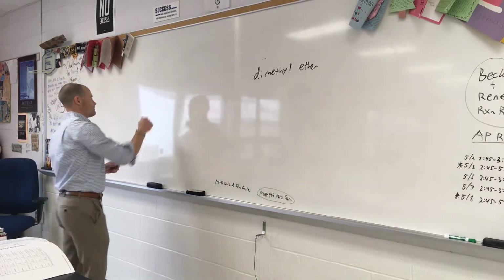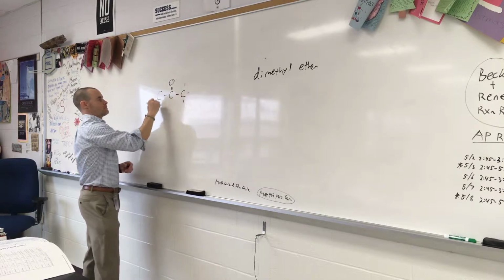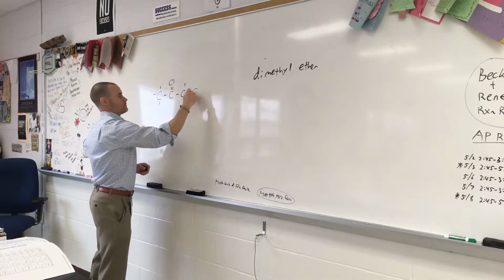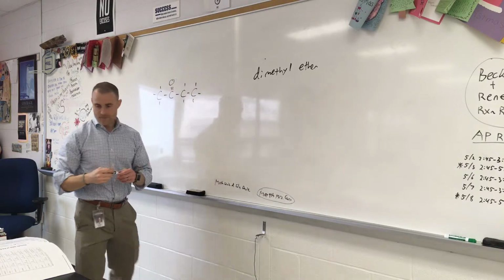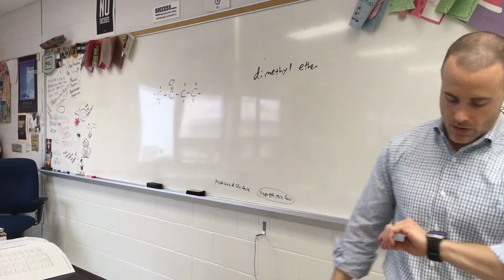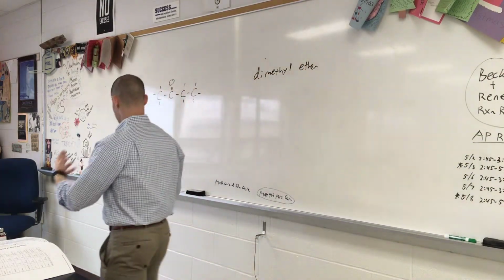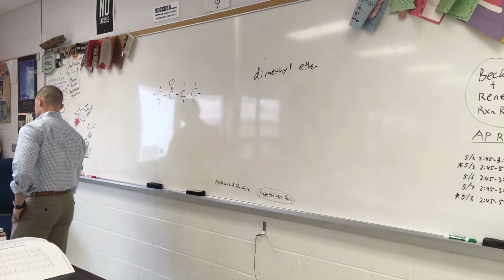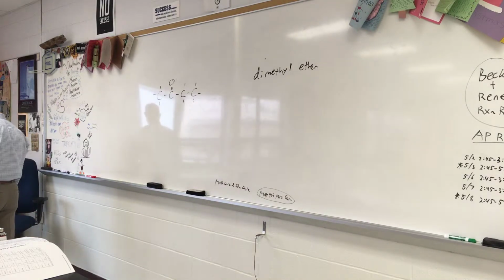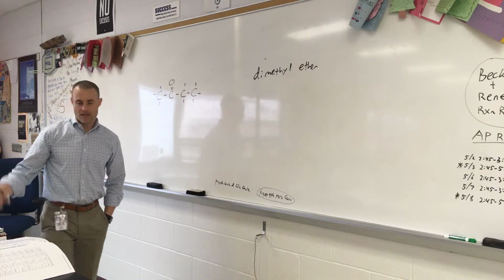I'll just give you a different one. I'll give you like a minute. That's all, because I want to make sure I go over it. Try and name the one on the left, try and draw the one on the right. Using table R is the whole key here.